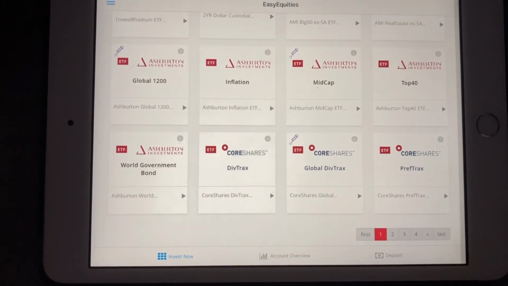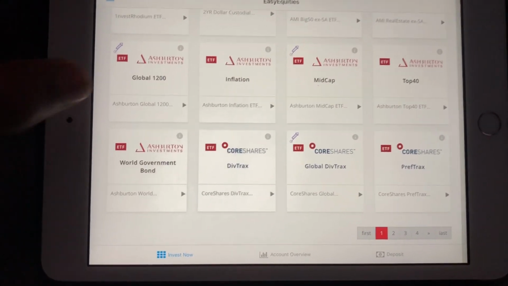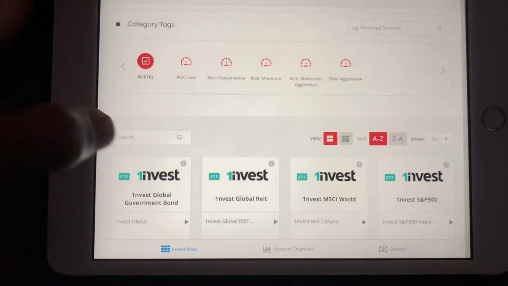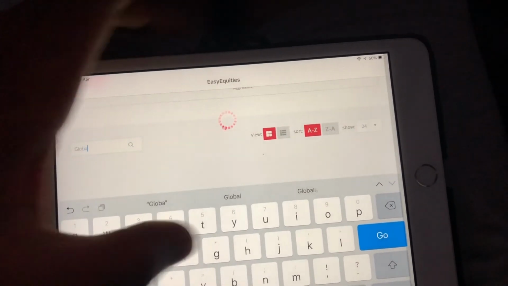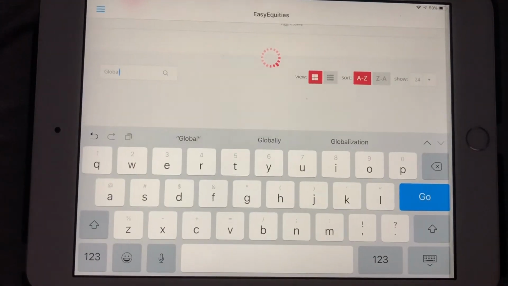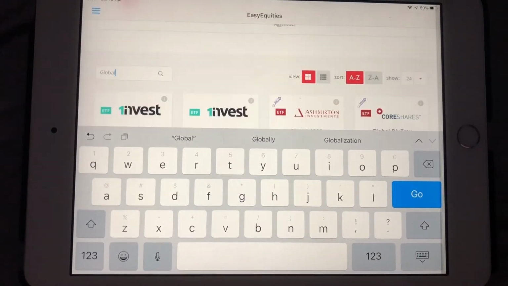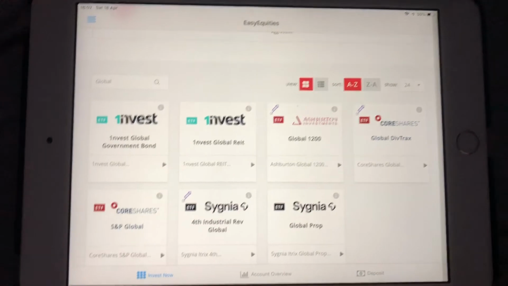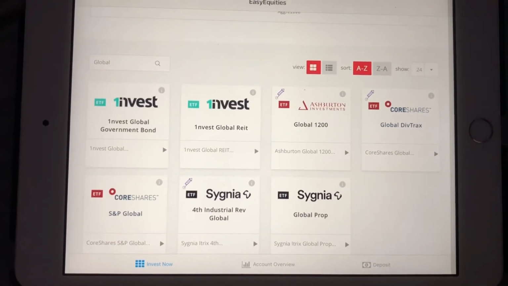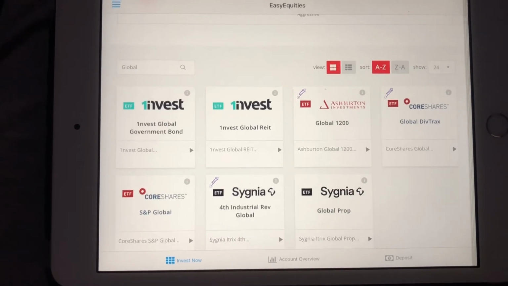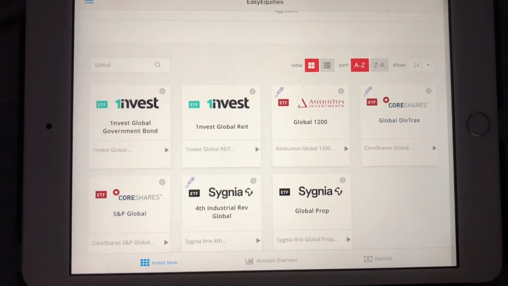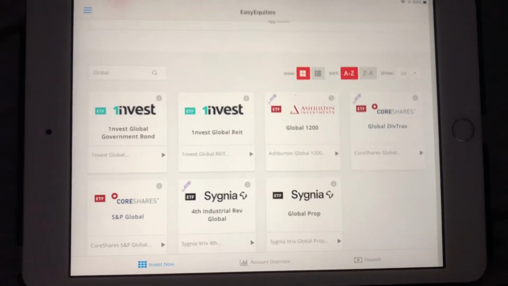So there's global, there's world government bonds, there's a whole lot. You can just type global there, and it's going to show different types of offshore ETFs and equities. So that's how you go about it when you want to diversify your portfolio.